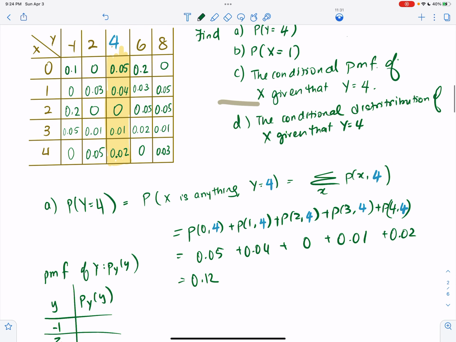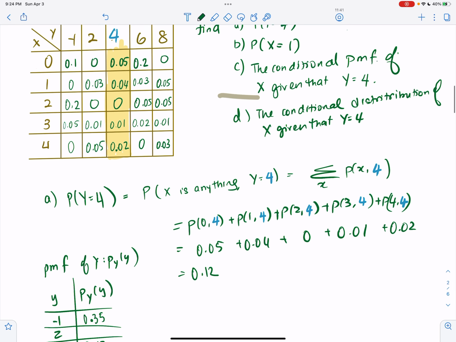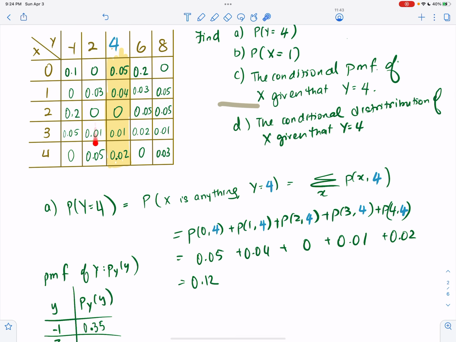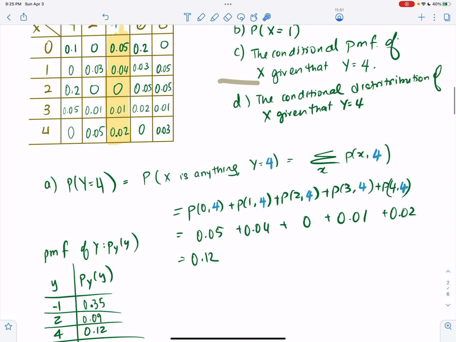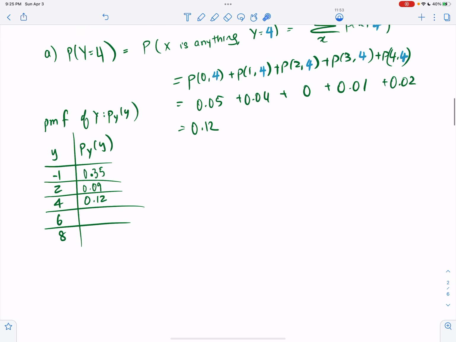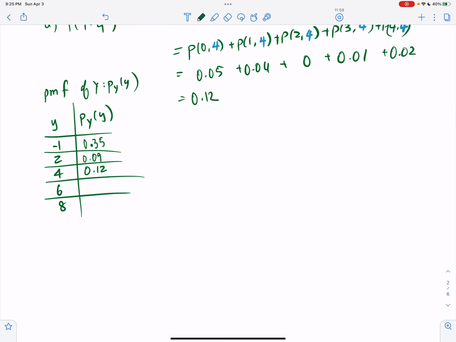What is it for -1? You add up all the values in the -1 column, so it's 0.35. What is it for 2? You'd add up all the values over here, and it will be 0.09. What is it for 4? We already did, and it's 0.12. What is it for 6? 0.23, 0.28, 0.3.